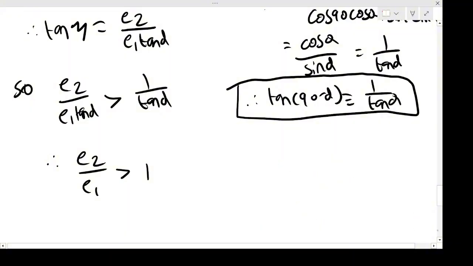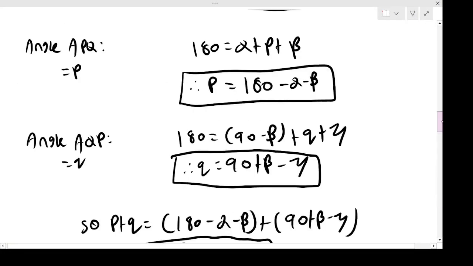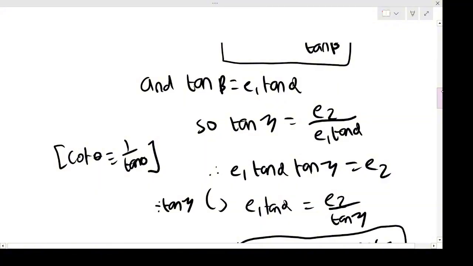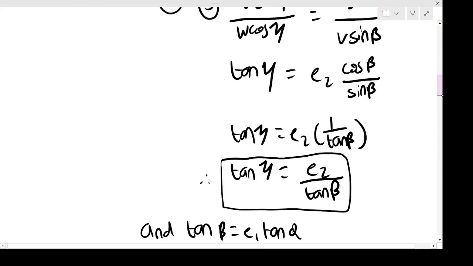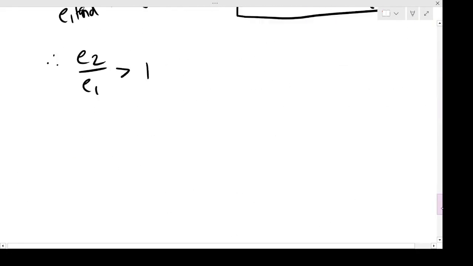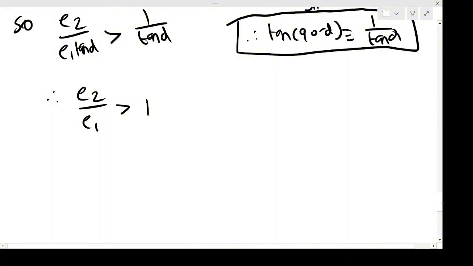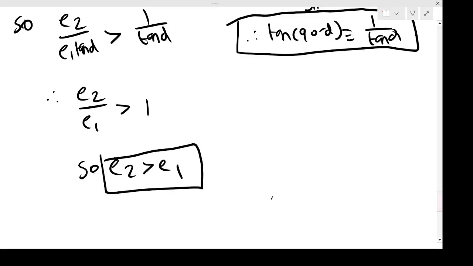But even if you weren't sure, you can use the question, because ultimately we want E2 to be greater than E1. If you get the wrong direction of the inequality, then it'll tell you where you've gone wrong. But anyway, hopefully happy with that point, and then we got it. So just multiply by E1, we get E2 greater than E1, and there we are.